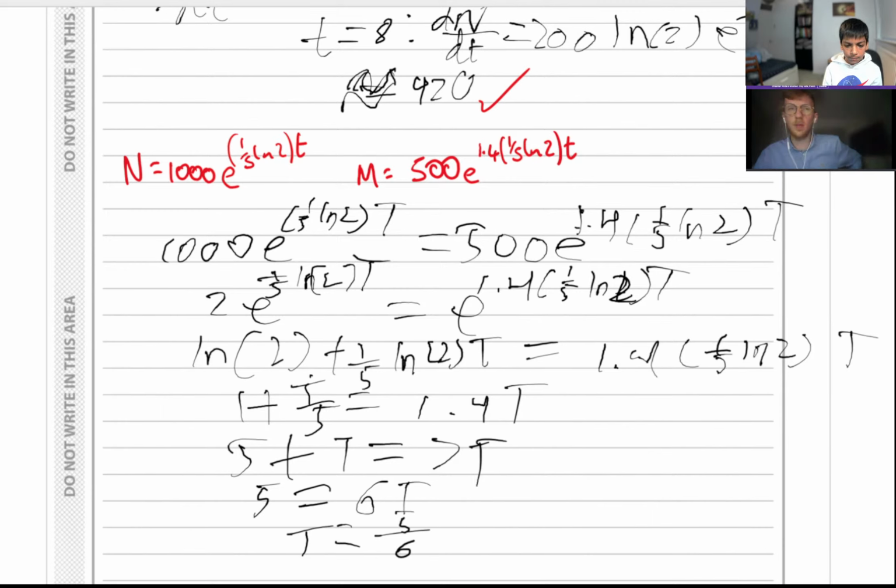Can you see? Check your answer by putting it back into the original equation.